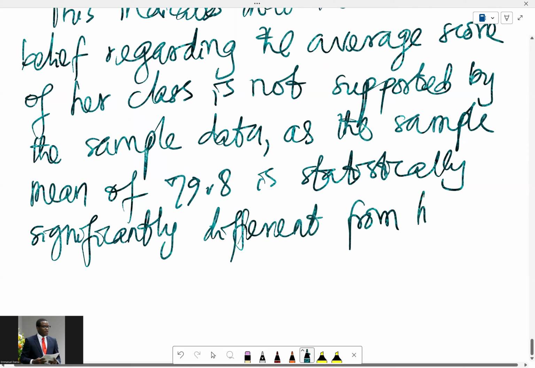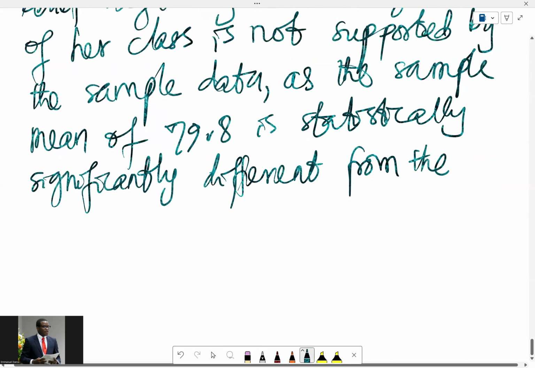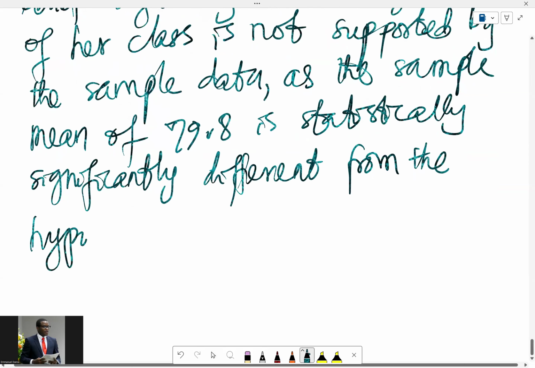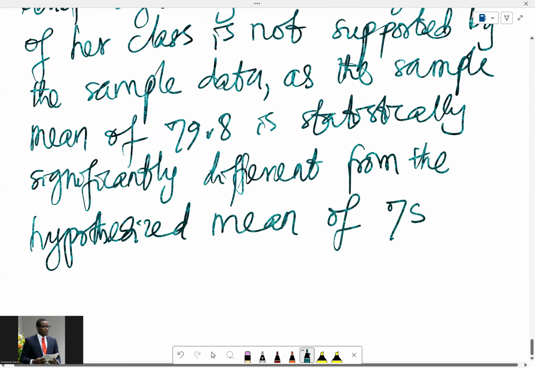You know, a belief is just like a hypothesis, right? So, yeah, so we see that that is how one sample t-test goes.